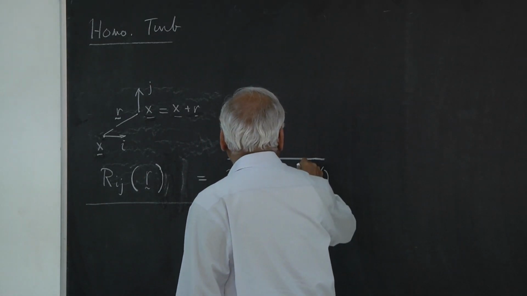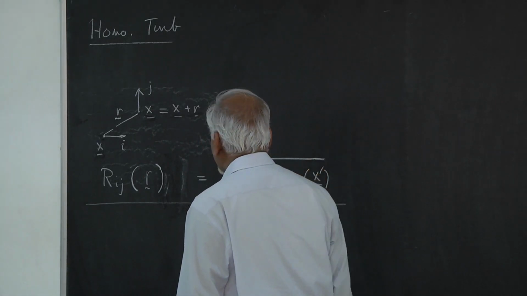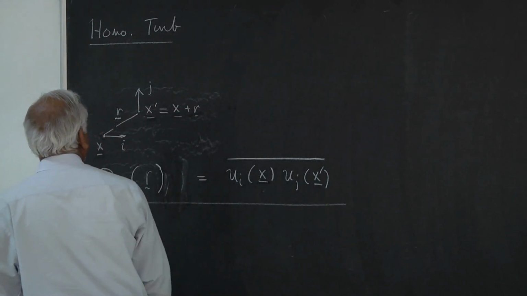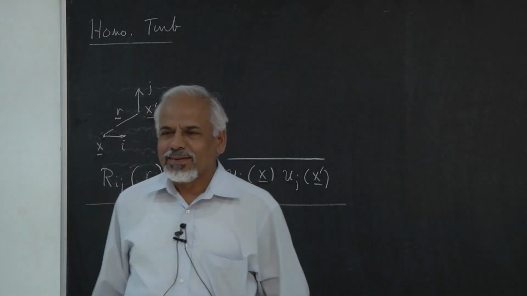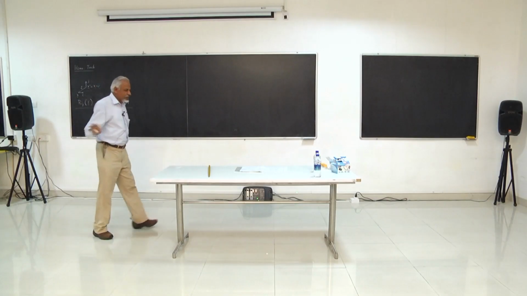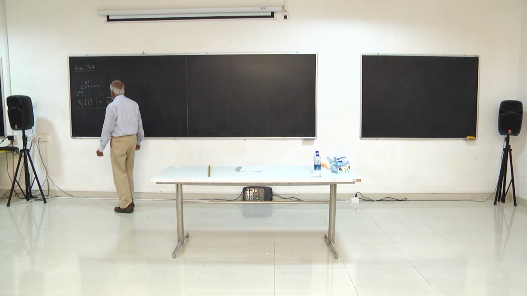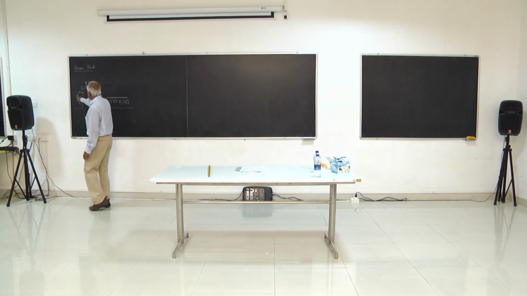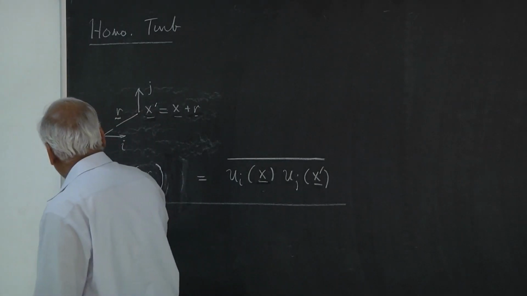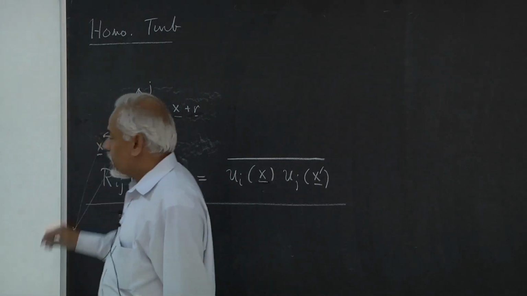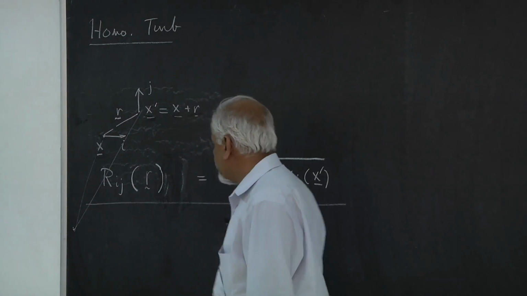He's asking what is x prime. X prime is this one here. Sorry, that's a mistake. Total mistake on my part, confused you completely. So with respect to some origin, this is x, that is x prime, and that's the separation vector.